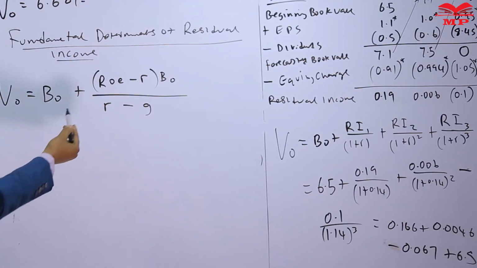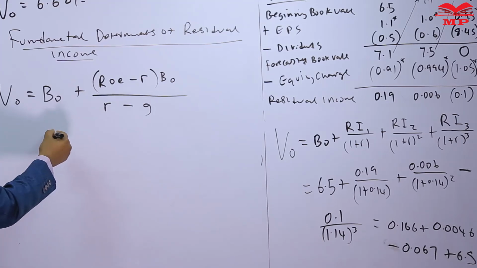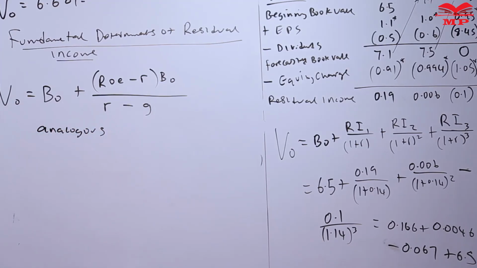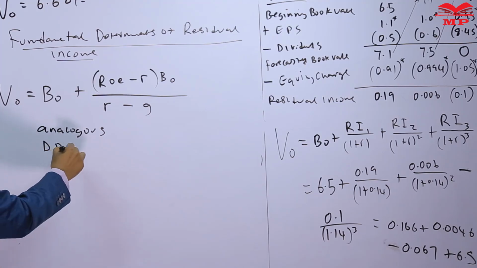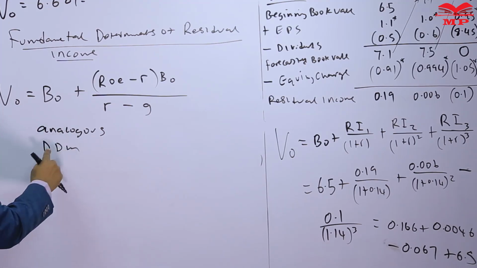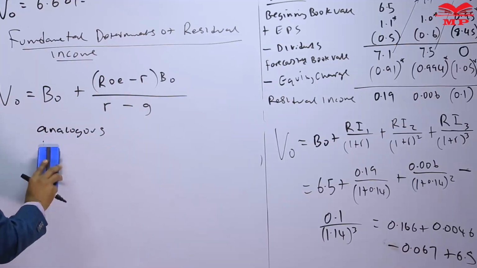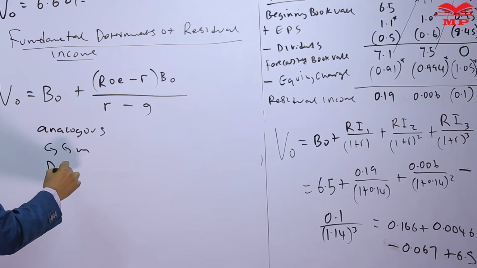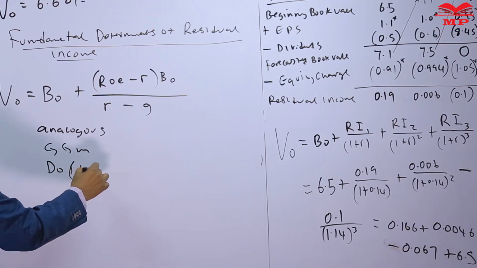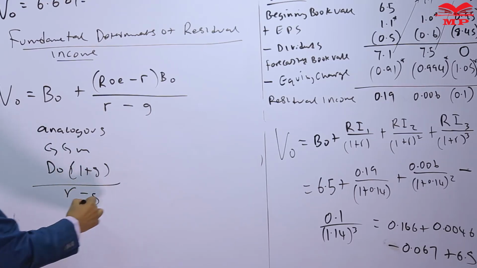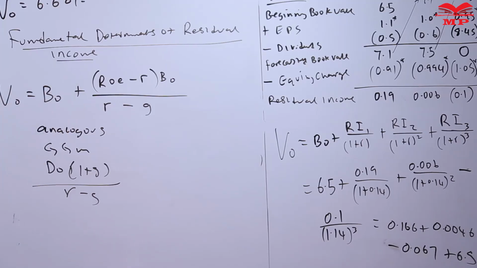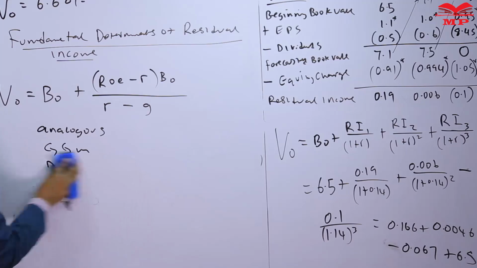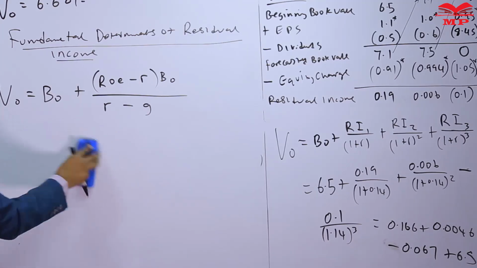Notice it is analogous to the DDM, or rather the GGM, Gordon Growth Model, where we have D naught times 1 plus G over R minus G. It's almost similar to that. The only difference is that this component is the residual income.